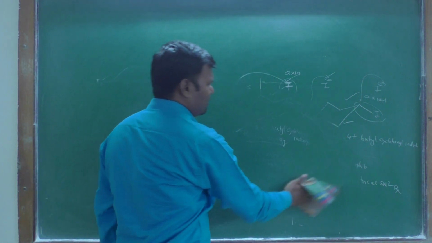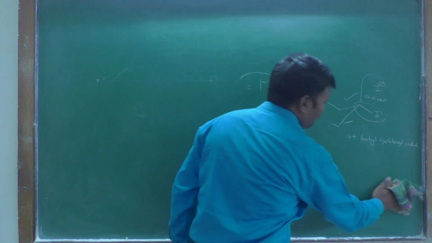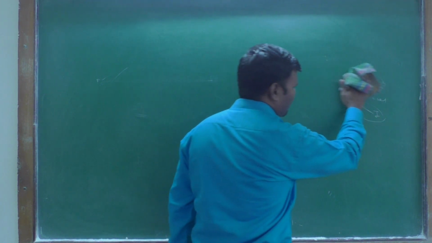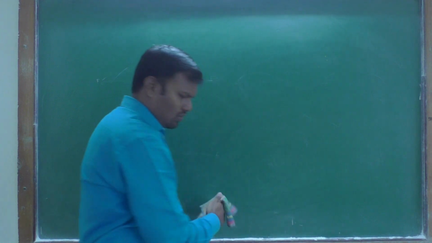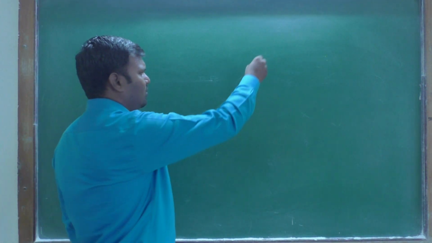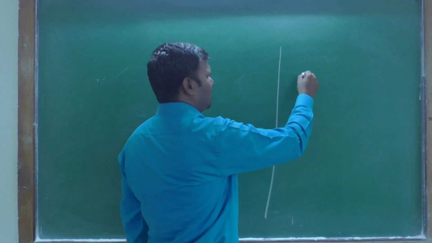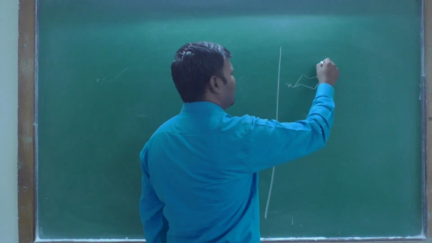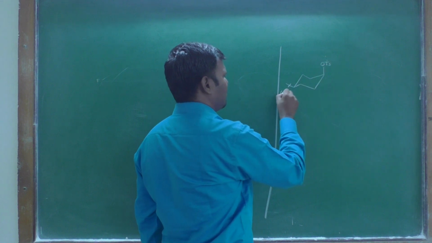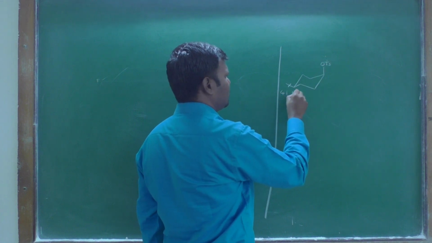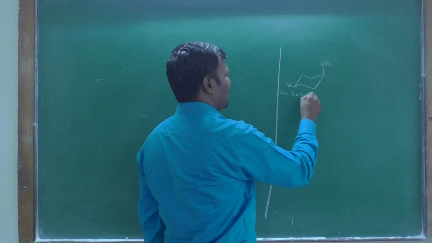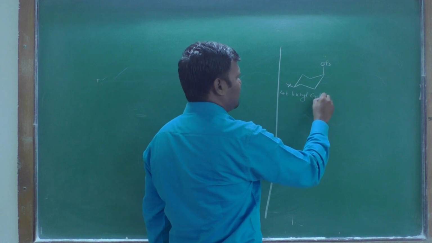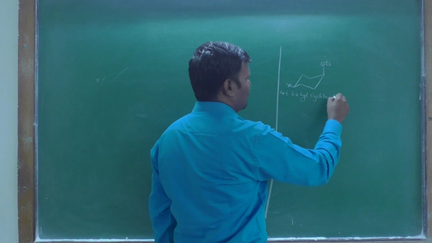The first is 4 tertiary butyl cyclohexyl tosylate. Our first example, 4 tertiary butyl, this is cis 1 cyclohexyl tosylate.